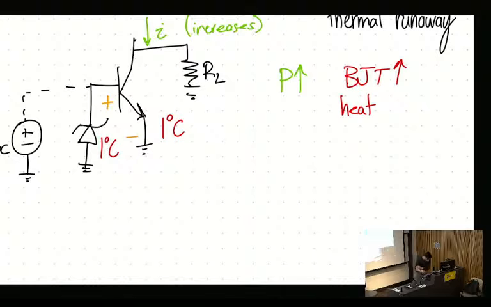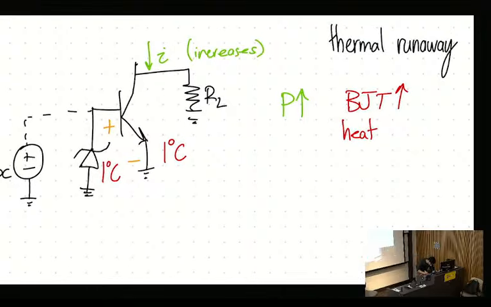So exactly. So if there's an increase in heat here, I should mention that if this changes by 1 degree, it's minus 1 millivolt per Kelvin. That's probably a wrong number, but the voltage decreases by about 1 millivolt per Kelvin. So if the heat increases, that then decreases the gate voltage, so reducing the amount of current that flows when the power is increasing. So thereby regulating.